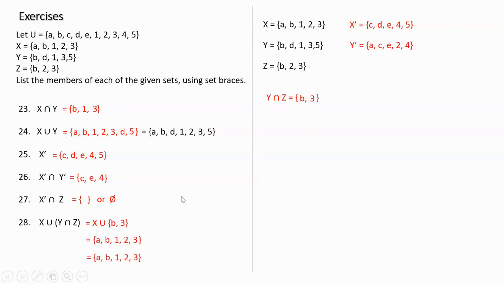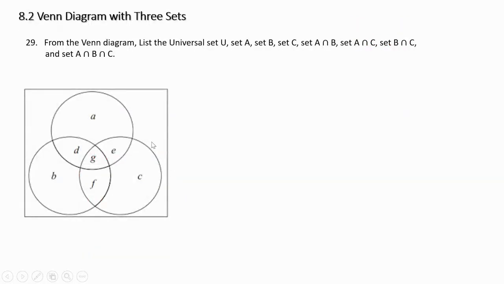Let's continue. I believe this is from 8.2, which has three sets all together in a Venn diagram. This is number 29 so far. From the Venn diagram, list a universal set U. So set U, guys, is going to be all the elements here: A, B, C, D, E, F, G. It's all the elements that are inside the set here.